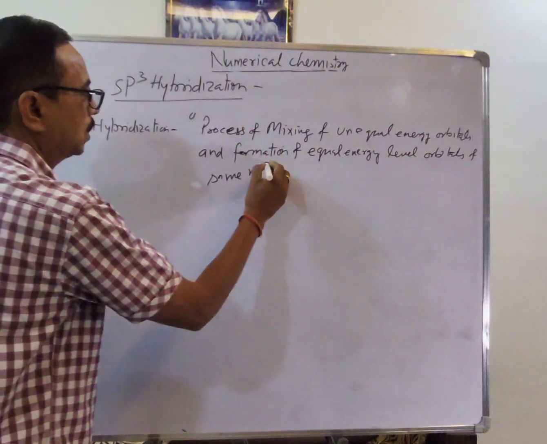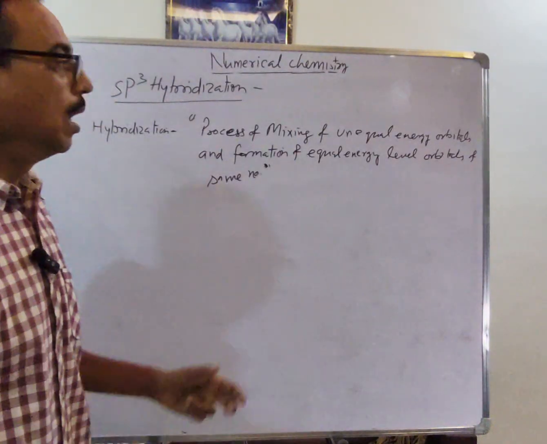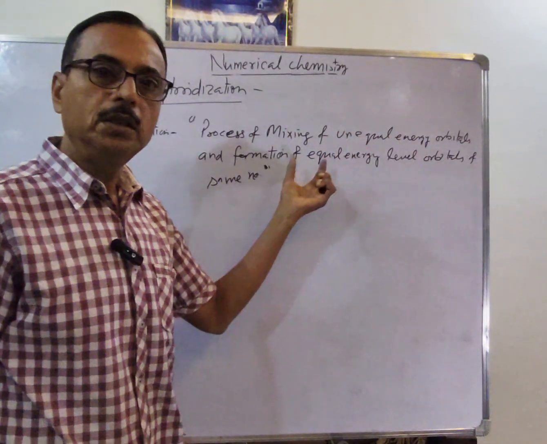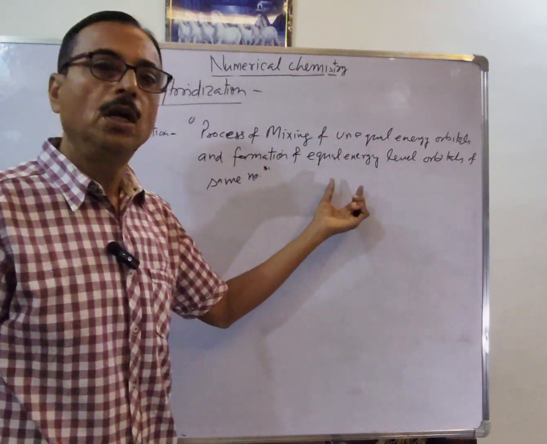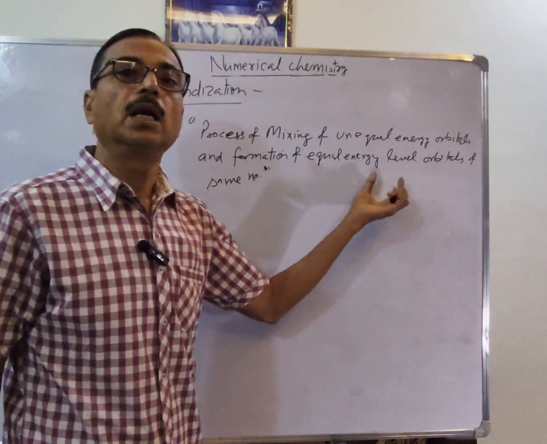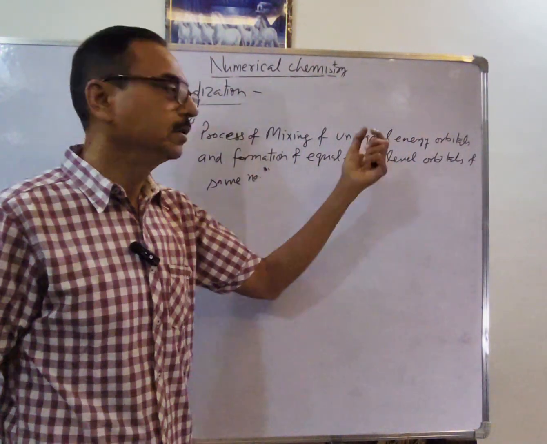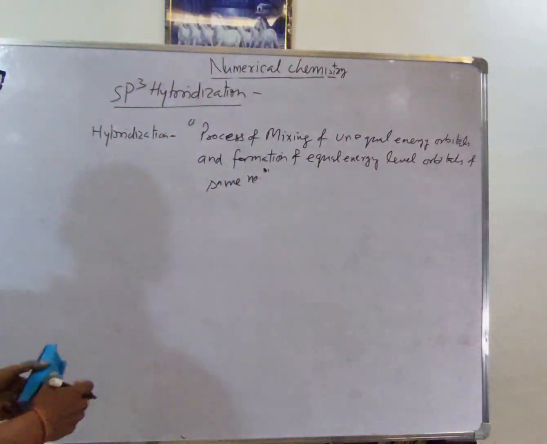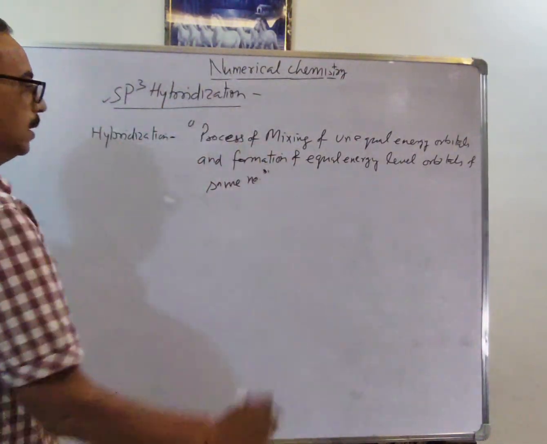This is the process of hybridization. Unequal energy orbitals mix and form equal energy orbitals of the same number. The newly formed orbitals are called hybrid orbitals. So here we see SP3 hybridization.